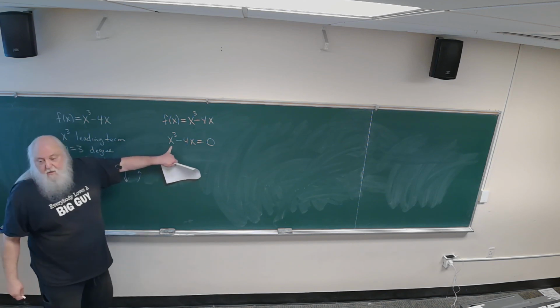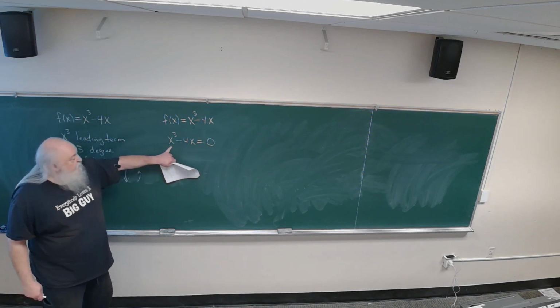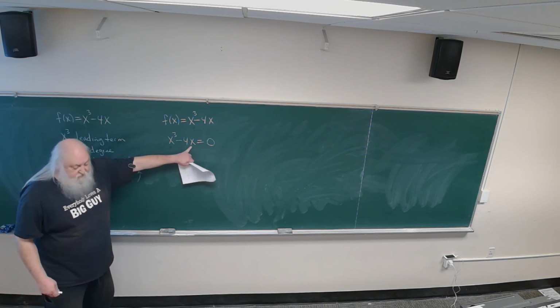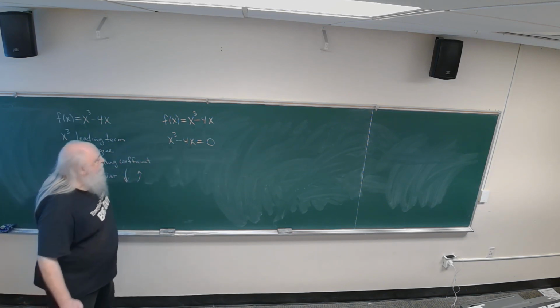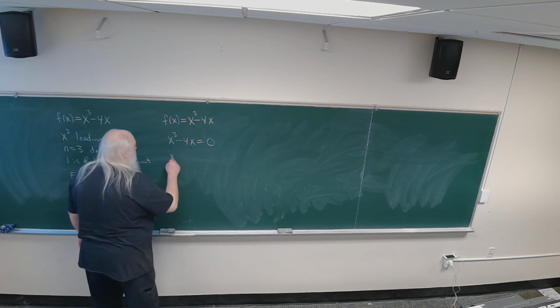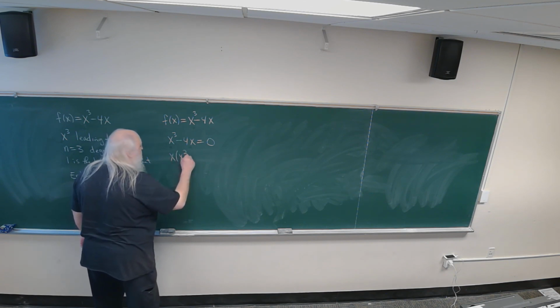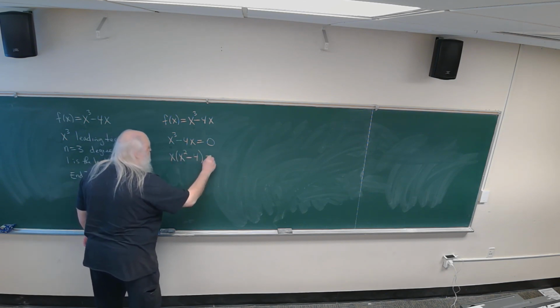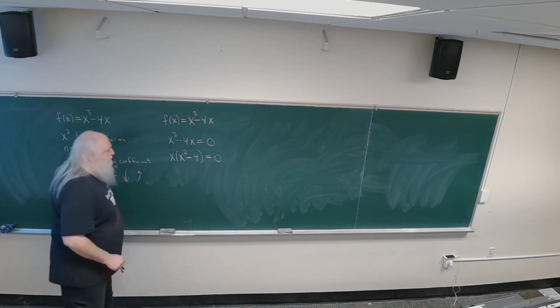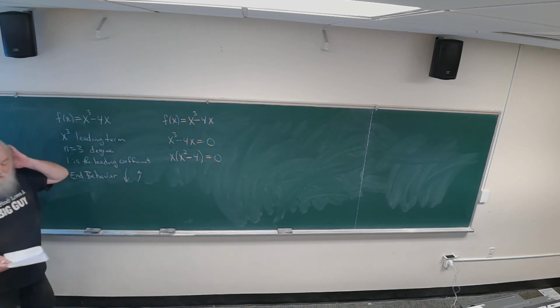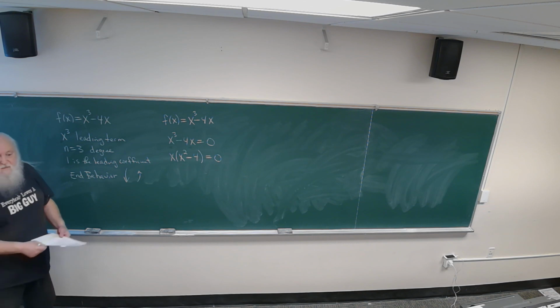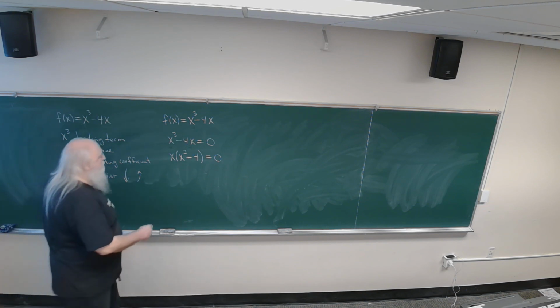So we have two terms in our polynomial. Each contains x. The lowest power of x is x to the first, so we can factor out an x. So x times x squared minus 4 is equal to 0. And now what's in parentheses is a difference of squares.